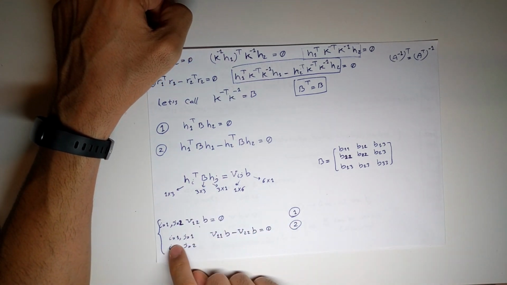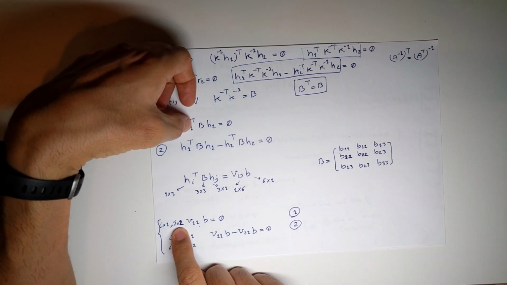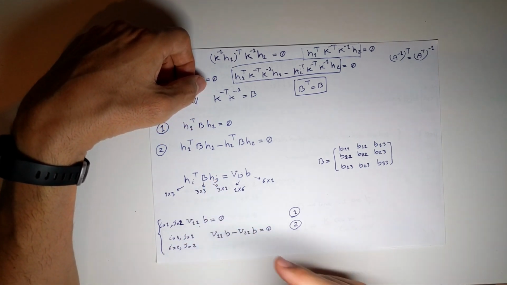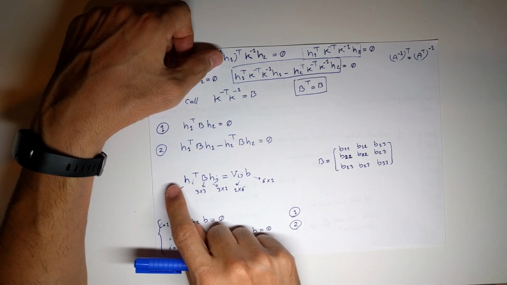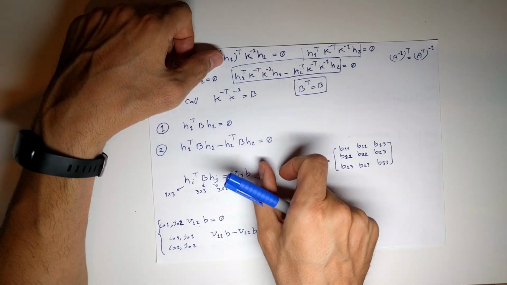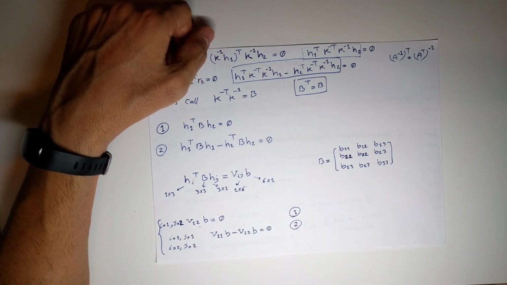So if I put i equals 1 and j equals 2, this should be 0. And again, I'm looking for B, so I'm trying to write enough equations so I can separate B into a column vector, multiply by a V matrix, and compute the SVD.